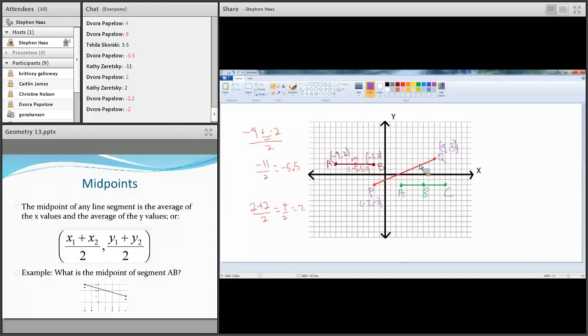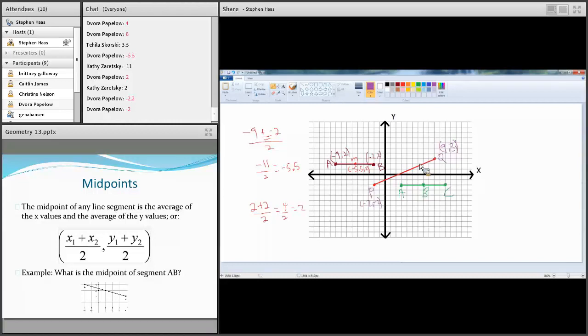The x value is 1, 2, 3, 4, 5, 6, 7, 8, 9, 9, 3, right? Did I count that right? Let me count again. 1, 2, 3, 4, 5, 6, 7, 8, 9. Okay, so this is 9, 3.